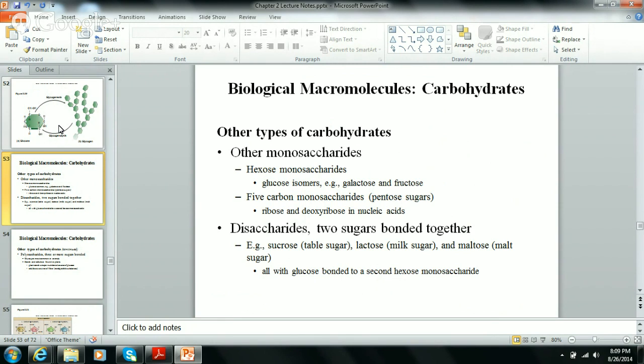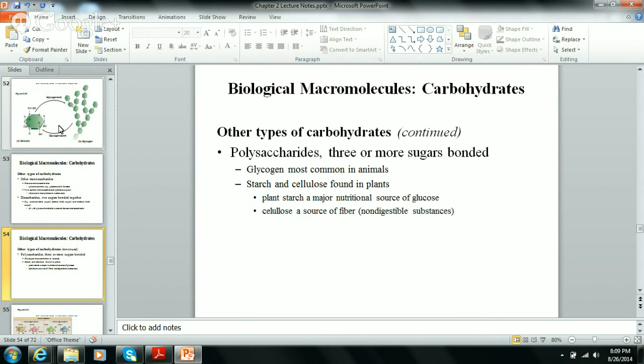And then polysaccharides are when you've got three or more sugars bonded together, and generally the polysaccharides that we usually eat and find in the wild are very large. So, glycogen is what we find in animals because we have glycogen in our muscles, whereas starch and cellulose is a lot of what we eat.